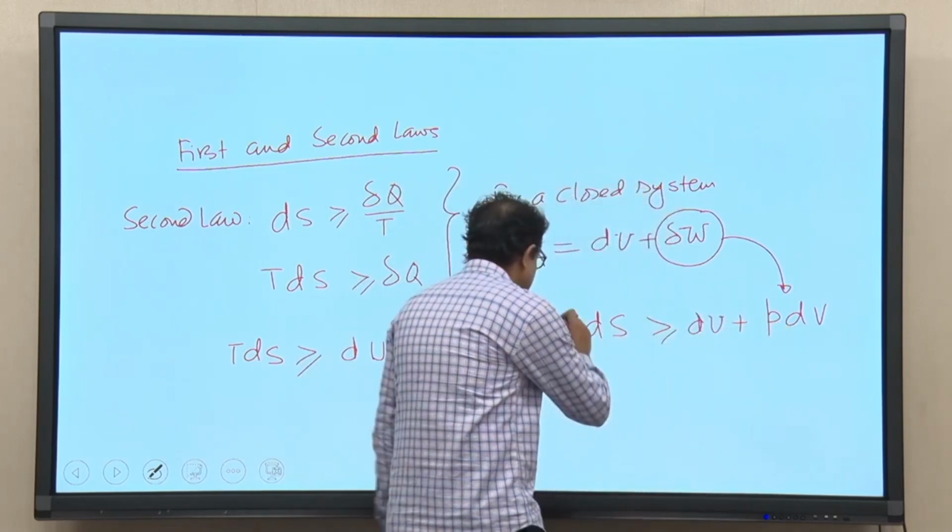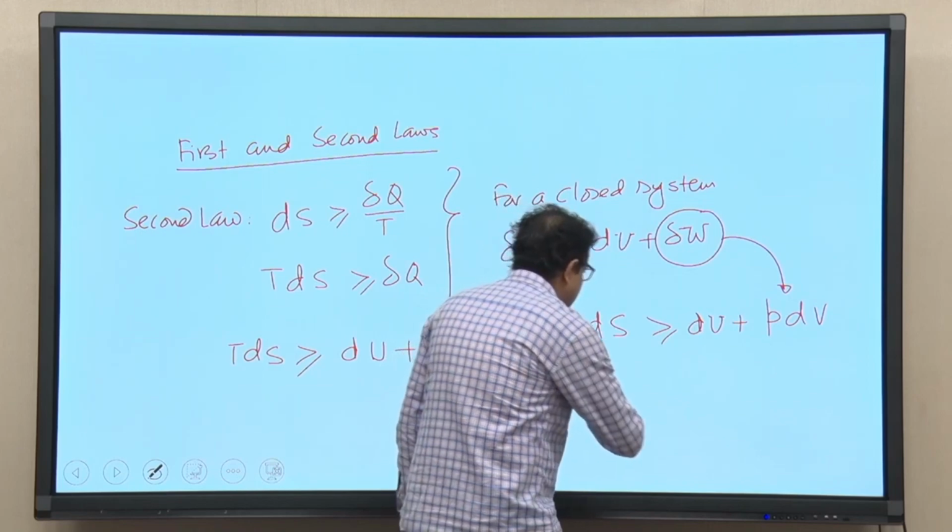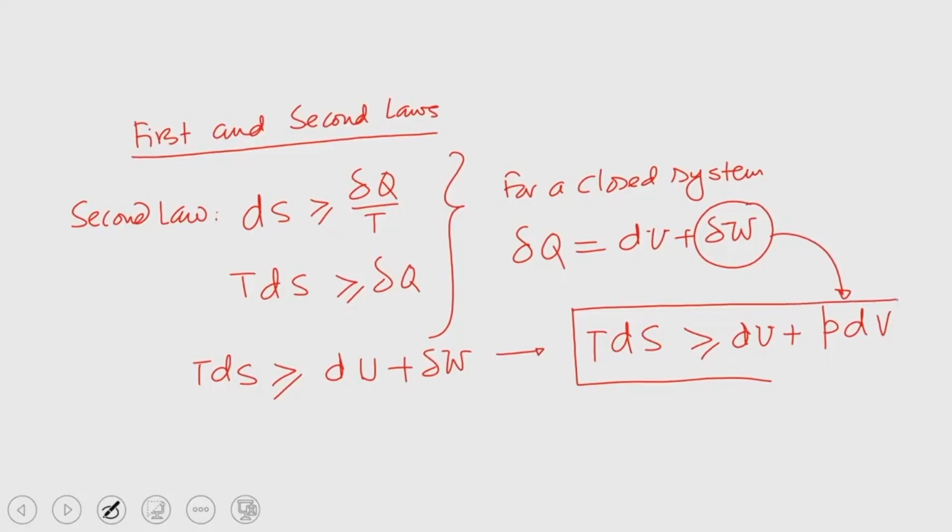So, this is T dS equal to du plus P dV, again the combined first and second law, but written in a different form. You know that we can write this equation by simply using the second law and the property relation. How?